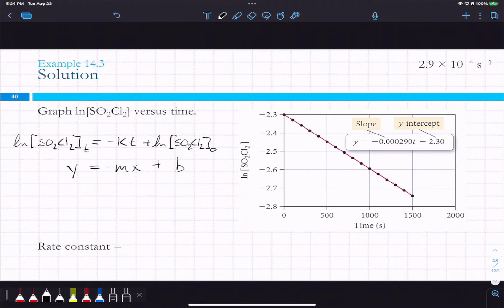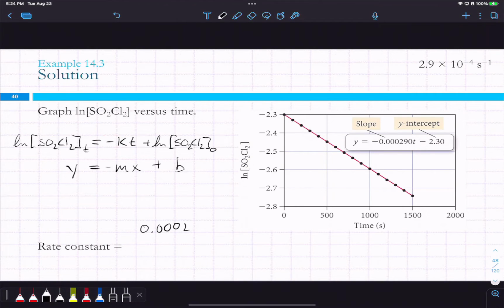Right? So the slope of the line is k. So we don't even have to solve for k. If you have Excel or something, you can graph it, and it'll give you k for that equation. So then our rate constant is just going to be the slope. And now, because the negative is part of the integrated rate law, the k is a positive value.